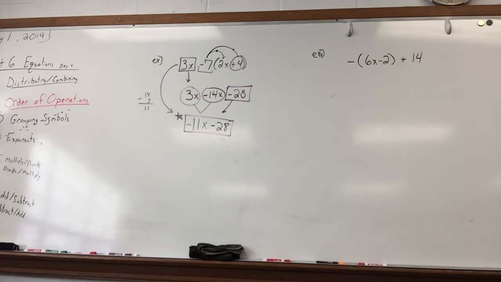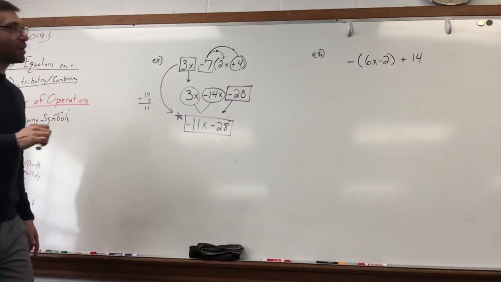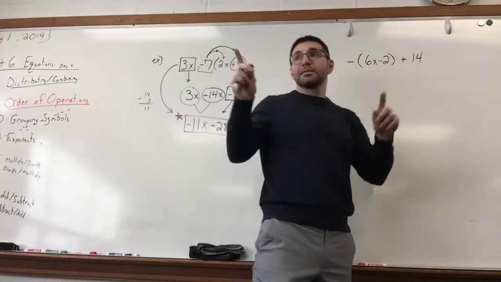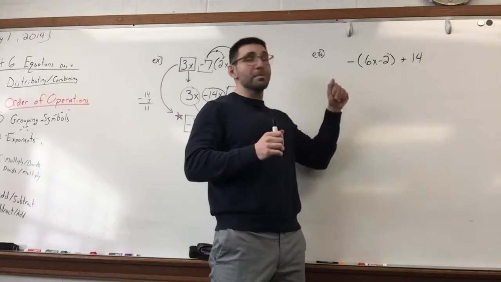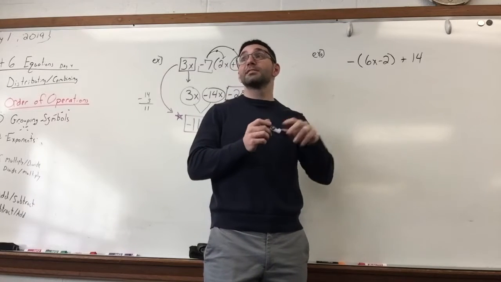No. Do I need to multiply or divide? No. There's no multiplying? Well, the 14 is a constant way out here. Are there parentheses, Cole? Let's go back that way. Are there parentheses? Yes. Is there something smack dab in front of the parenthesis? What is it?